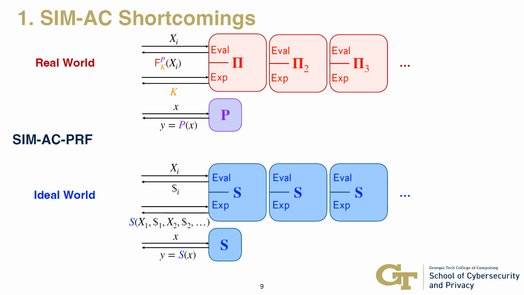To make it multi-user, you just have multiple instances of the protocol in the real world, and in the ideal world, these are all emulated by the simulator. Here I'm showing it with SIM-AC PRF, but everything I say for the next couple of minutes holds with respect to any of the SIM-AC definitions, except one, but that's a weird corner case.